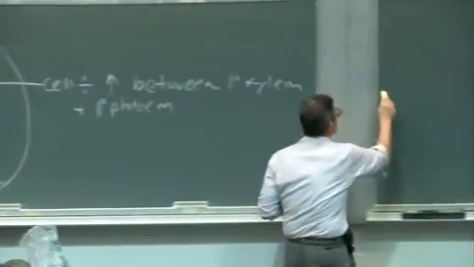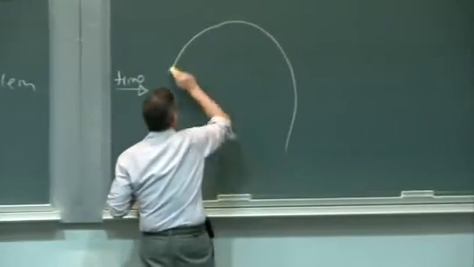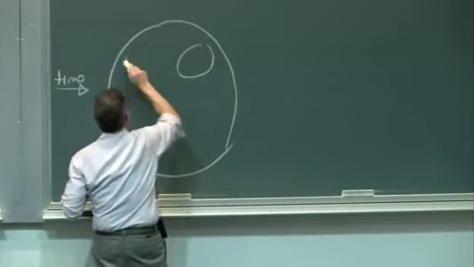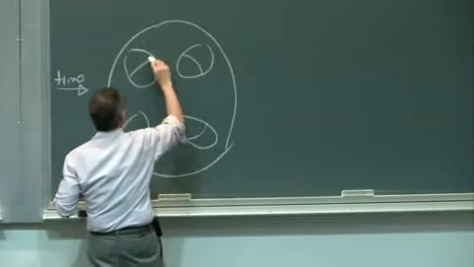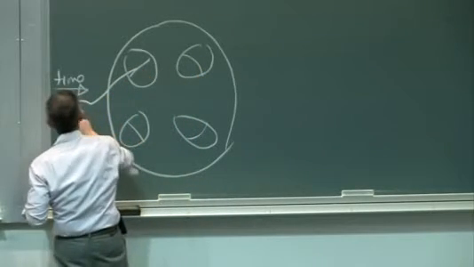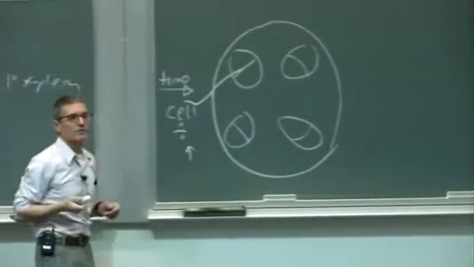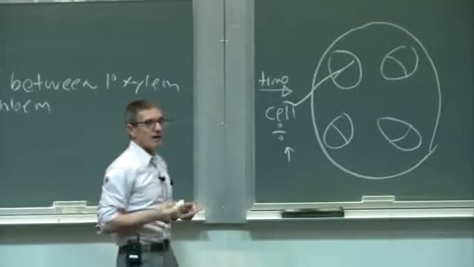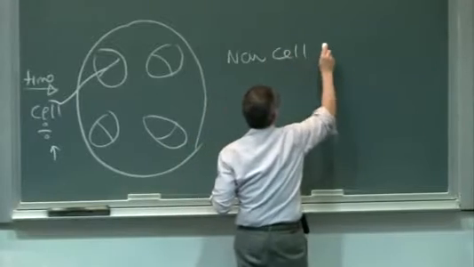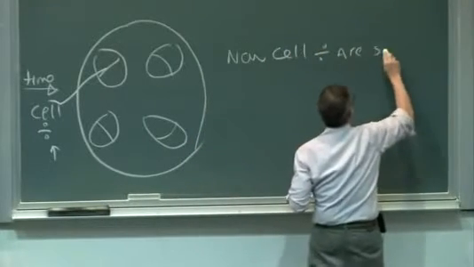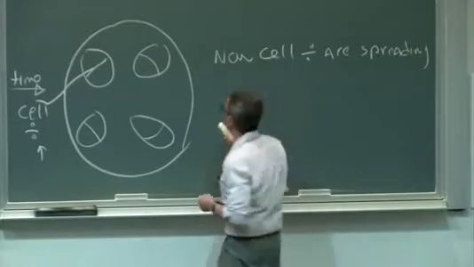And with some more time, if we look at the stem now, so here we'll put the 4 bundles on, just that we dealt with before. So we're saying that cell divisions are increasing at this point between the primary phloem and the primary xylem. At the next stage, what we find is that now cell divisions are spreading to regions between the bundles.